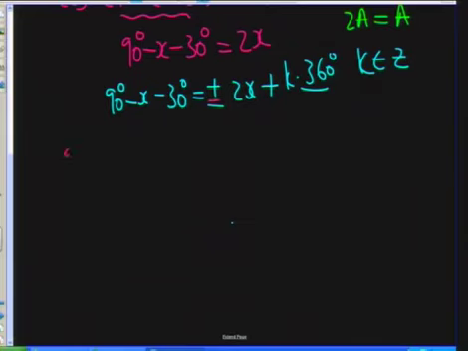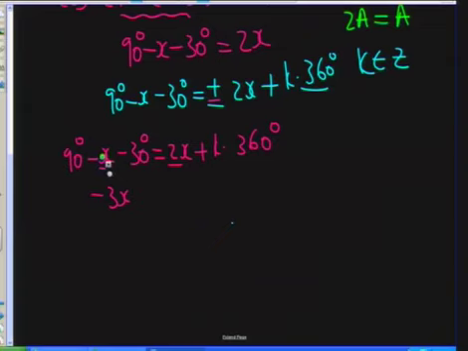So, it's 90 minus x minus 30 degrees is 2x plus k times 360 degrees. Great! I took the one with the positive sign because it's a plus and a minus. So what can I do? I can move this side, which I get minus 3x because I have minus x. Then I move the 2x, minus 2x minus 3x.